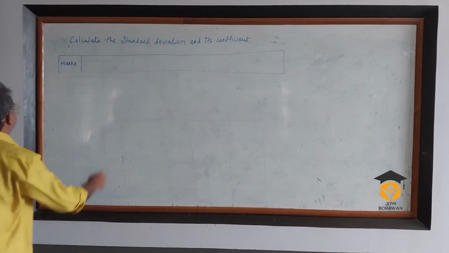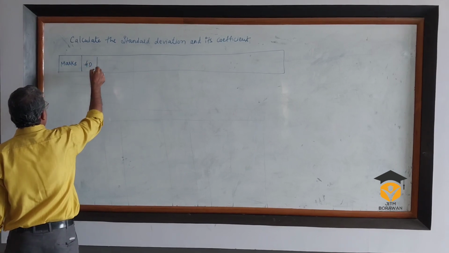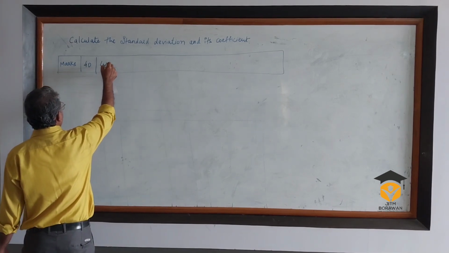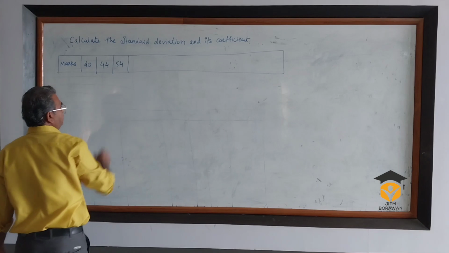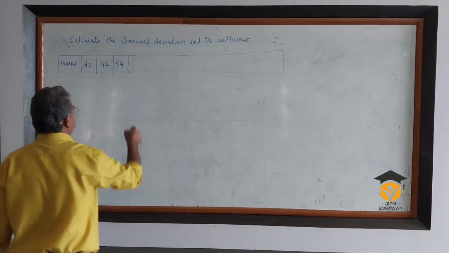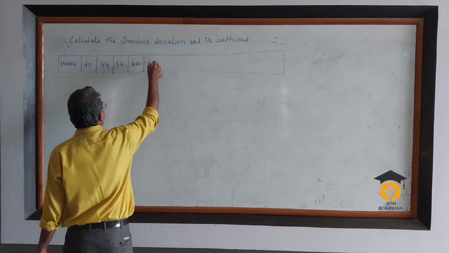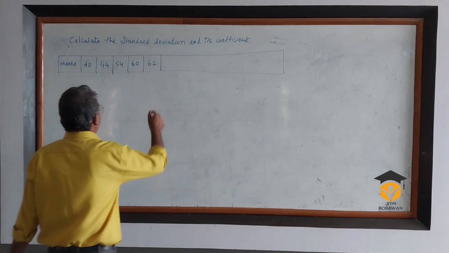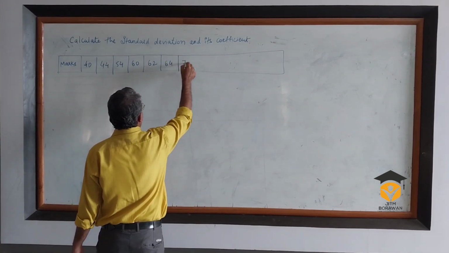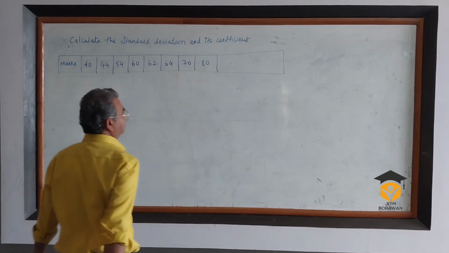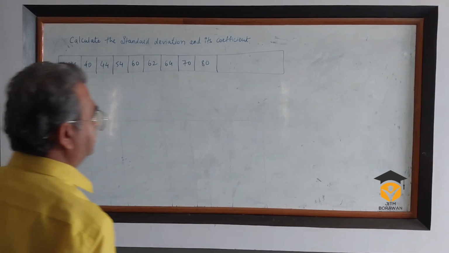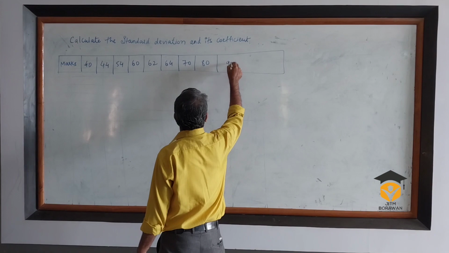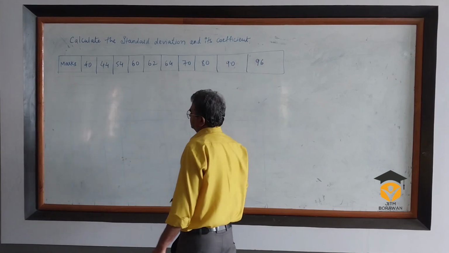The first observation is 40, then 44, then 54, 60, 62, 64, 70, 80, then we have 90, and finally the last value is 96.